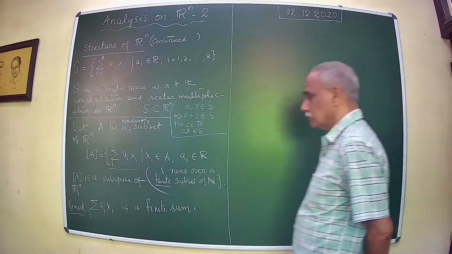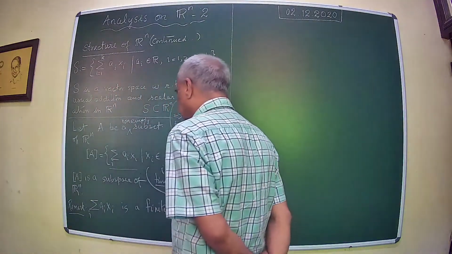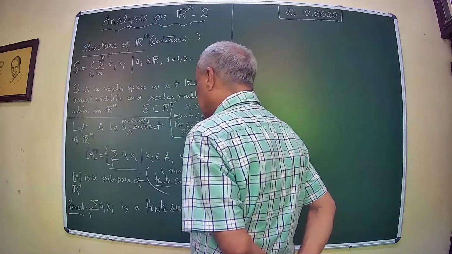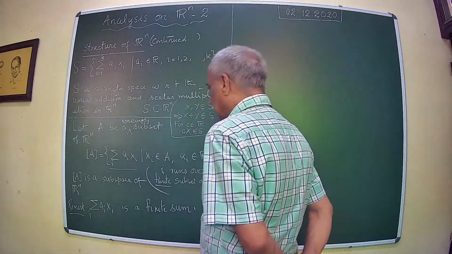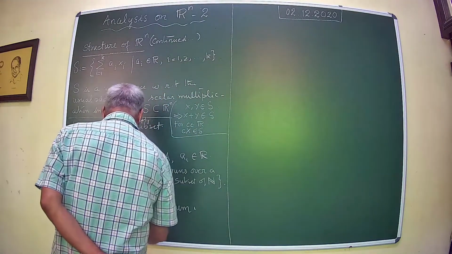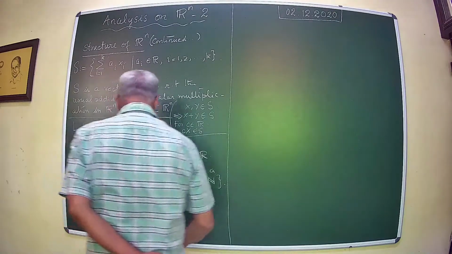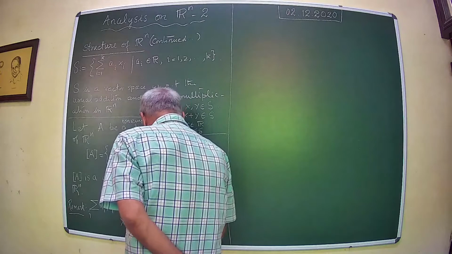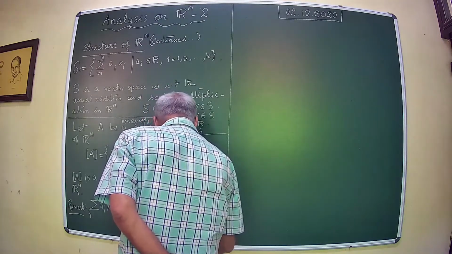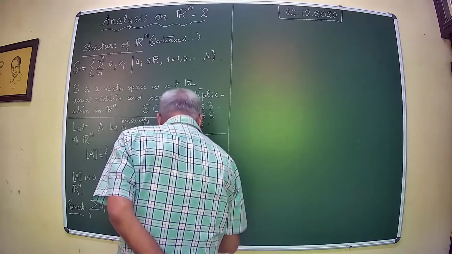Okay. So what happens in this case is that you have two elements, x given by a finite sum sigma ai xi and y, a finite sum sigma bj yj.